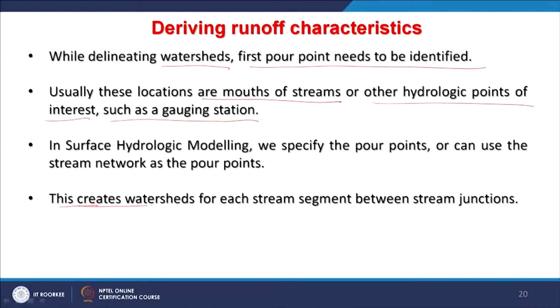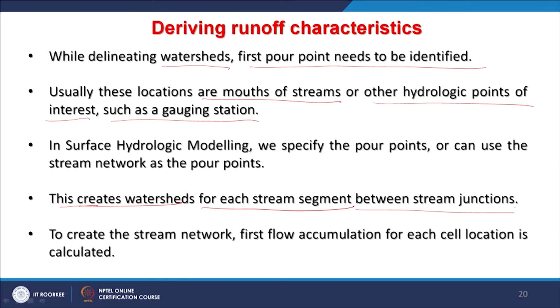In surface hydrologic modeling, once the pour point has been identified, the system will automatically delineate the watershed. Of course, the stream network and other things will also be done. This creates the watershed once you have selected a pour point for each stream segment. That means sub watersheds, you can go to a single stream between stream junctions.